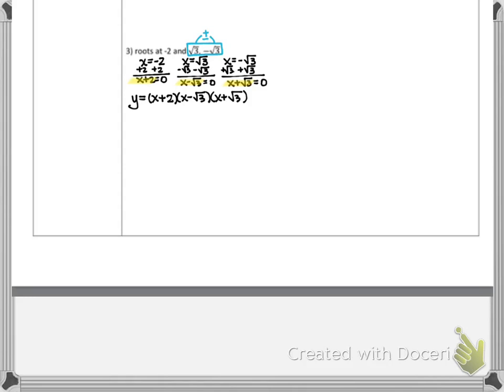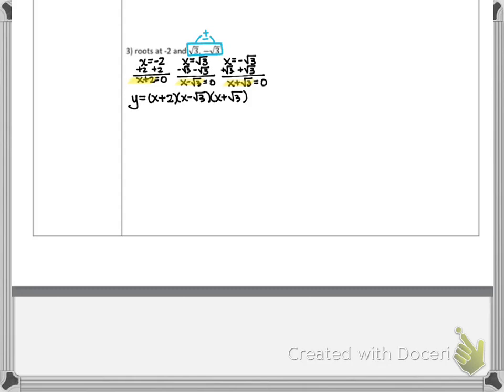If it were me, whenever I have the plus or minus, the two factors that look almost identical, I'm probably going to multiply those out first. These are technically called conjugates if the constant that's being added or subtracted is identical, except for the signs being changed. It's actually kind of nice when you multiply them out because the middle terms, so like the x terms, are going to cancel out.